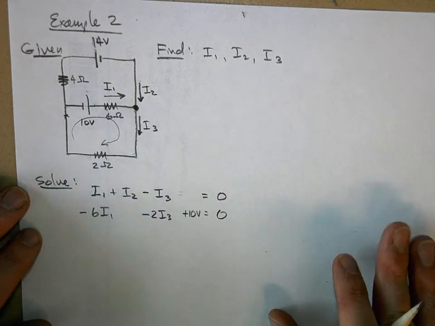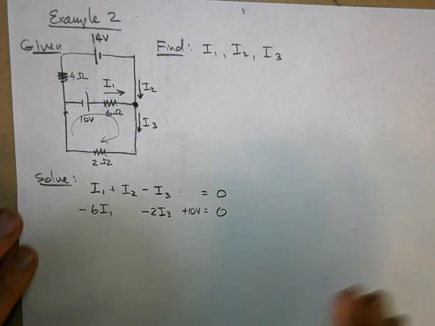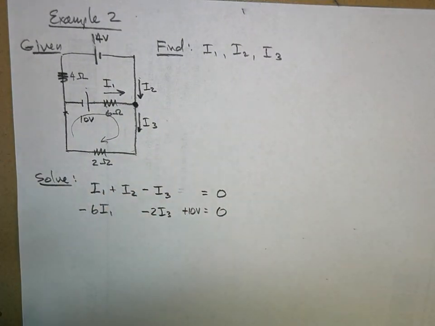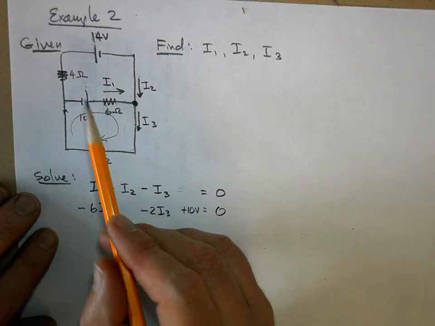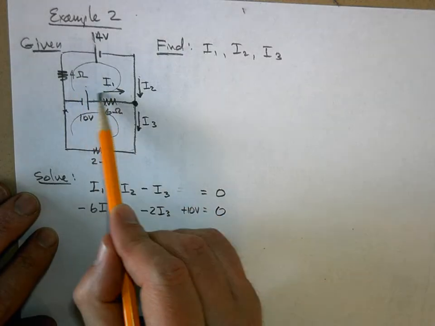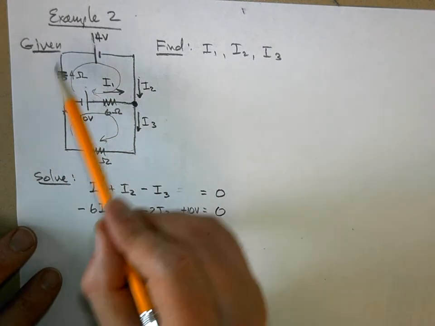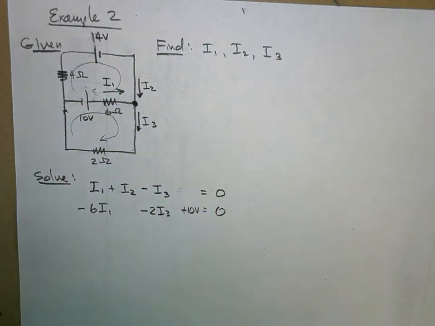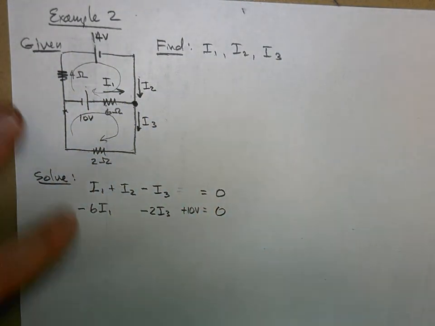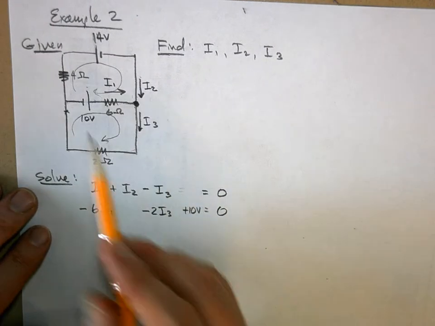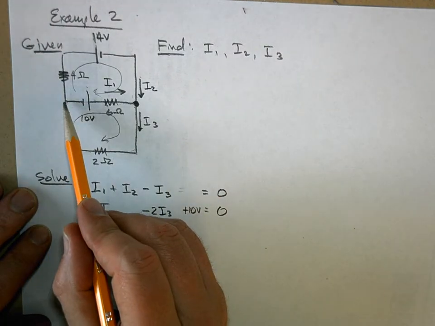And now I need to pick another loop. So let's pick this top loop, E, F, C. Now, you could have picked the outside loop, and that would have worked fine. You've got 3 unknowns, you need 3 equations. So I'm going to start here, and I'm going to go up this way.